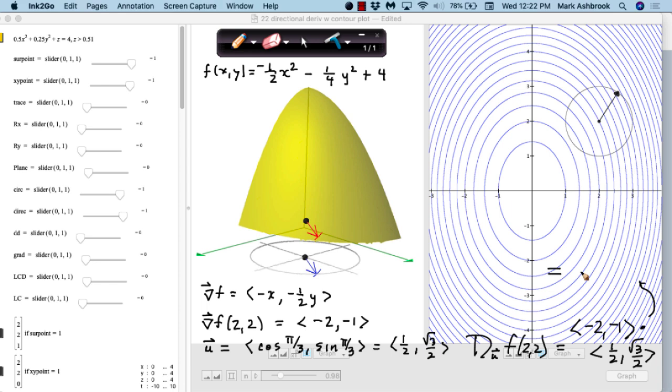And we get negative 1 minus root 3 over 2. And that's definitely negative, right? So what does that number mean?